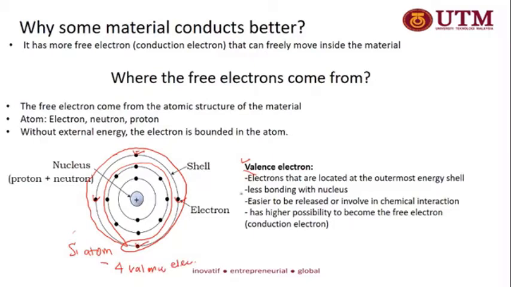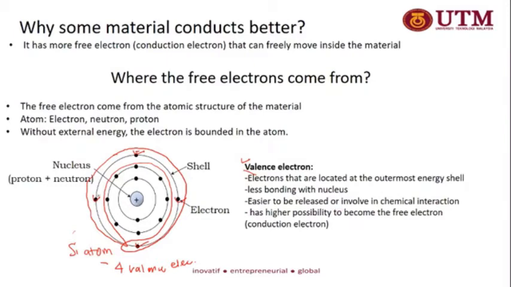Since the valence electron is located at the outermost energy shell, it is far from the positively charged nucleus. So it has less bonding with the nucleus, which means that it can easily move, be released, or be involved in chemical interaction.